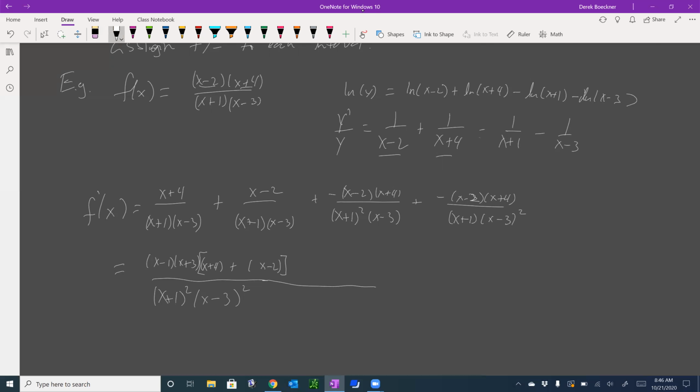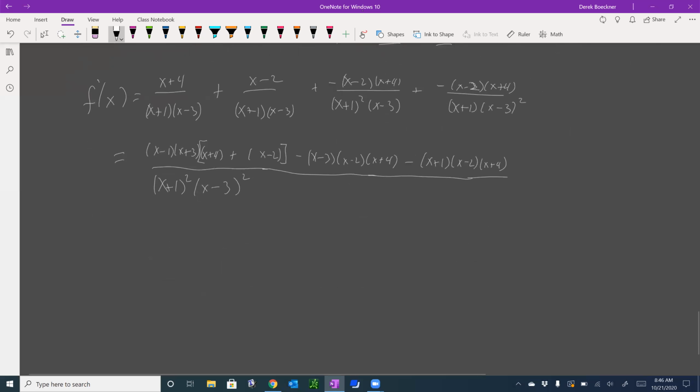And then on this term, I need an x minus 3. And on this term, I need an x plus 1. Maybe the quotient rule was easier, but this is easier algebra than what I was thinking maybe. But in my head, it's easier.